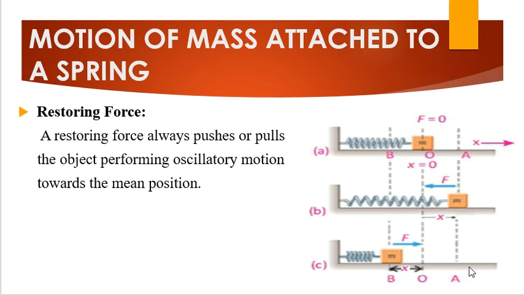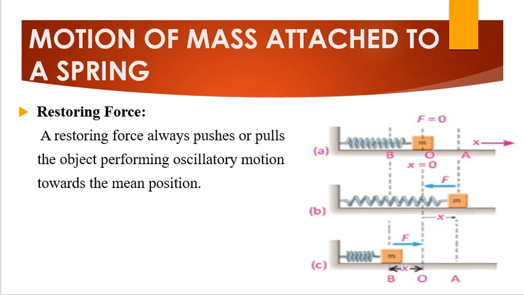The mass finally comes briefly to rest at extreme position B. So ultimately the mass returns to the mean position due to the restoring force. Earlier, when you just leave your mass, it tends to come towards the mean position with higher velocity, and after some point it goes to the other position, position B.